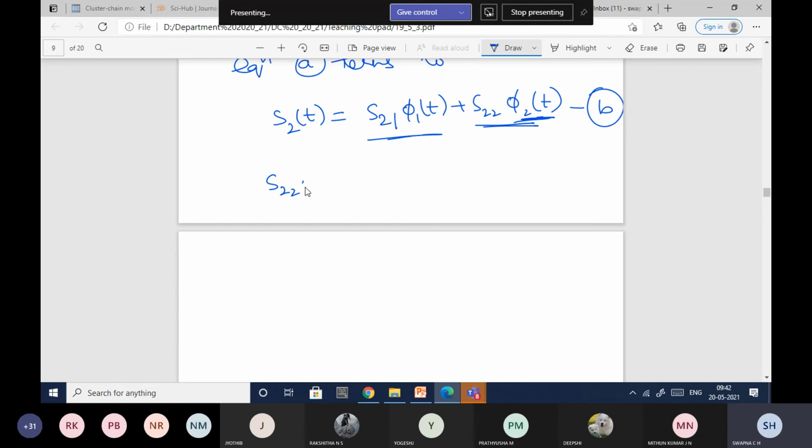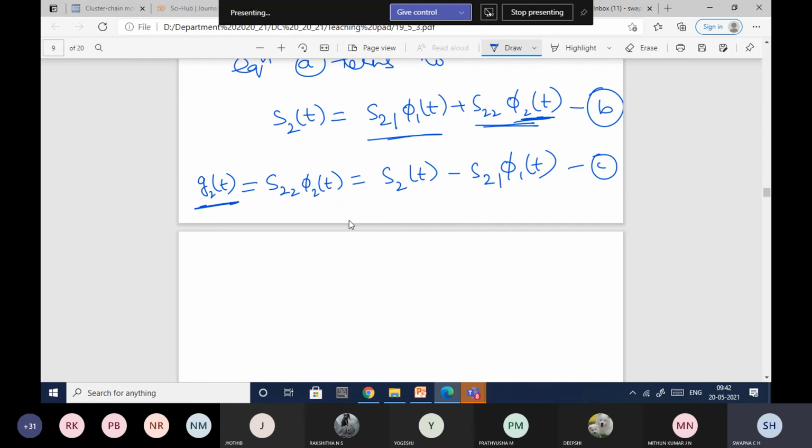So S22 phi 2 of t is equal to S2 of t minus S21 phi 1 of t. This I'll name as equation C. And this S22 phi 2 of t I will also name as G2 of t, just giving one more name here.